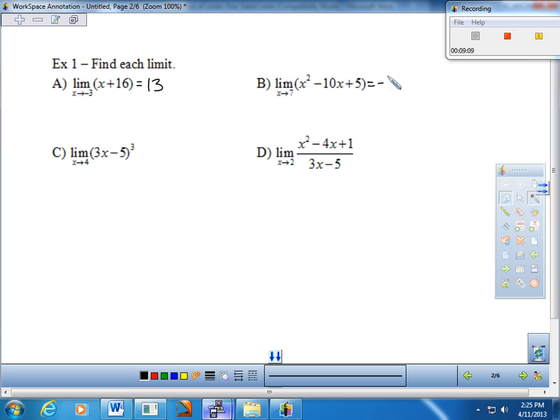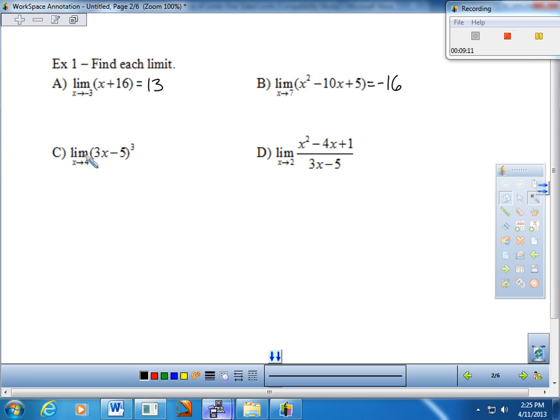I've got a -16 on that. My apologies for not bringing up the calculator, but I did that quickly mentally. It'd be great if you can confirm, but 7 squared minus 10 times 7 plus the 5, I believe we're looking at -16.